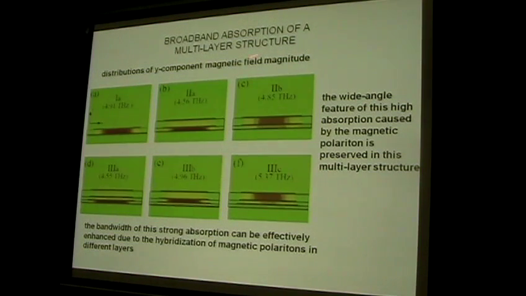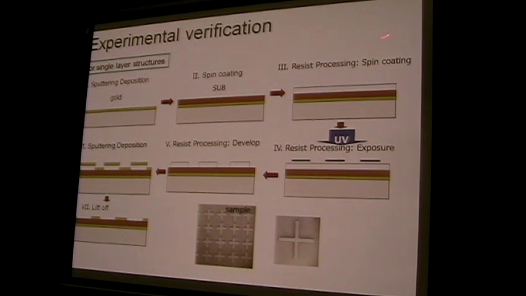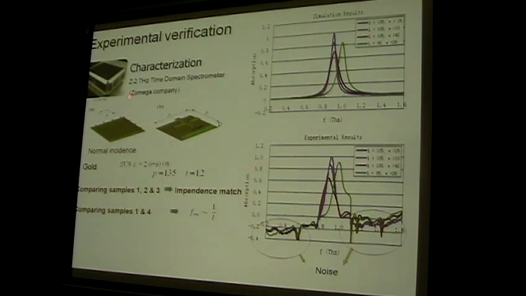So with that, we can make a very good performance. And we did an experiment and fabricated this one. This is standard thin film deposition and etching in our clean room lab. And then we used a company's equipment to do the measurement.